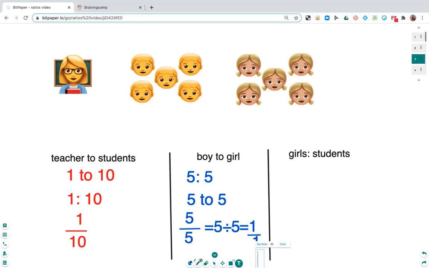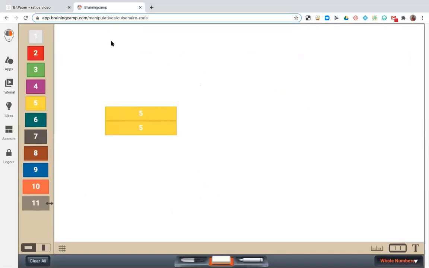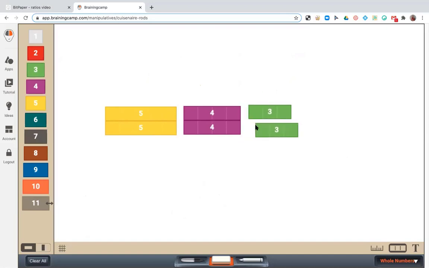We could also represent that if I came over here to the online manipulatives I often use called Brain Camp. If we had 5 to 5 and we keep breaking that down, well, 4 to 4, 3 to 3, 2 to 2, we can see visually that's the same as 1 to 1.